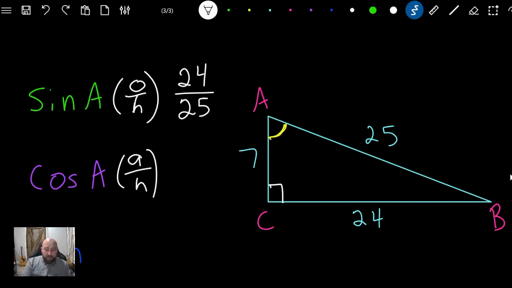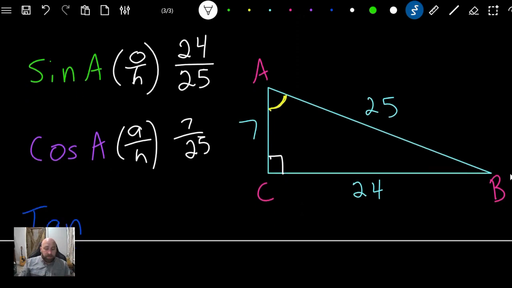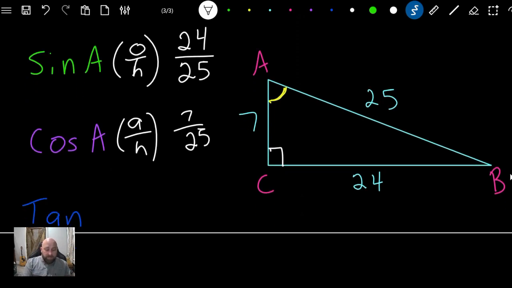Adjacent means the one touching it. The one touching it is 7 over, what's the hypotenuse again? 25. 7 over 25. Again, you would check to see, do I need to reduce it? If the answer is yes, then reduce it. This one can't be reduced. There's your answer.